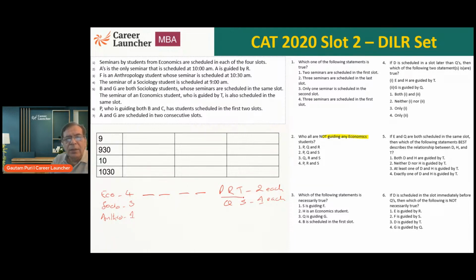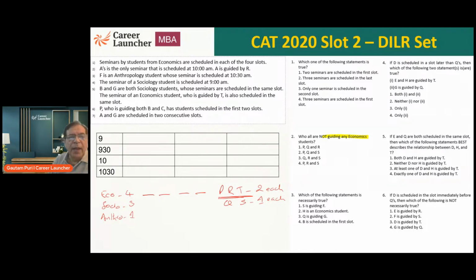That means you will need 2 faculty, because P, R, T each have 2 students each. That means 2 out of these 3 would be guiding the economics students, because there are 4 economics students, and P, R, T each are having 2 students each.